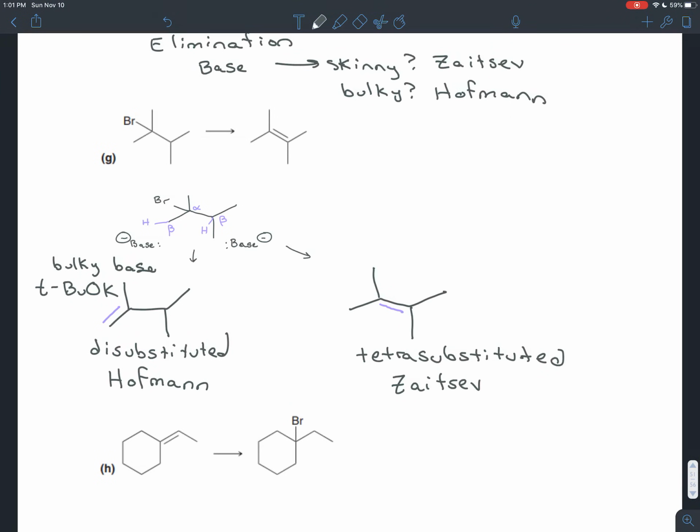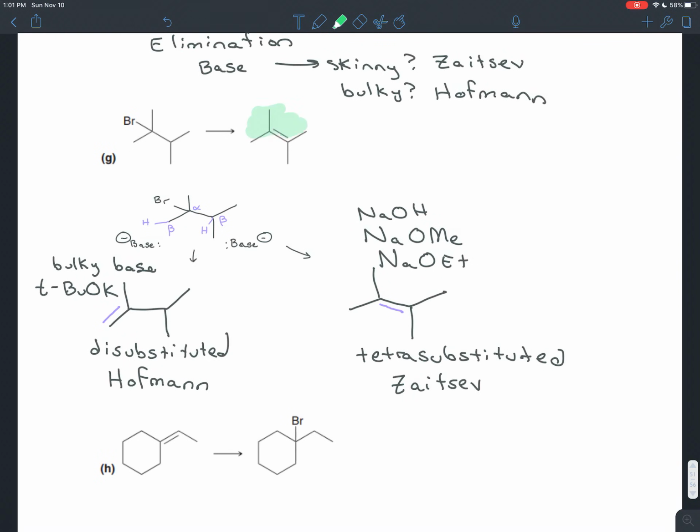If you use a skinny base, and examples of skinny bases are sodium hydroxide, sodium methoxide, or sodium ethoxide. Remember, this is just a CH3, a methyl group, and then the Et is just an ethyl group, so CH2CH3. Those are skinny bases. They can wiggle their way in to this beta hydrogen that's in a more crowded environment and give you the more substituted alkene.